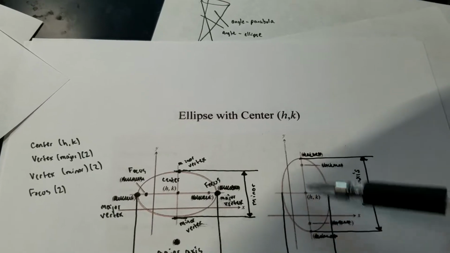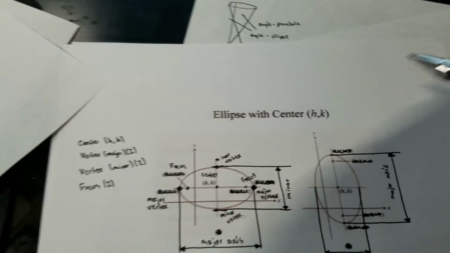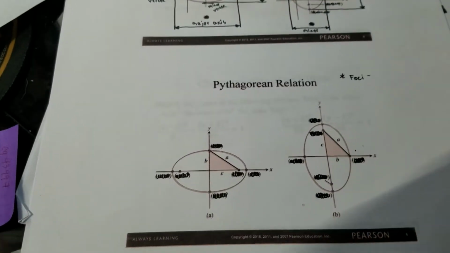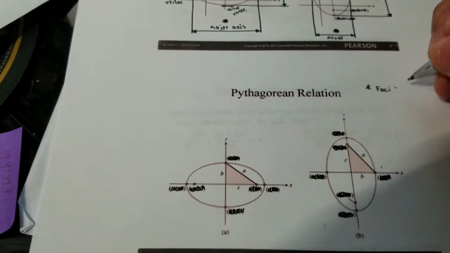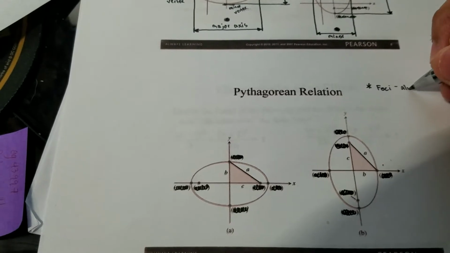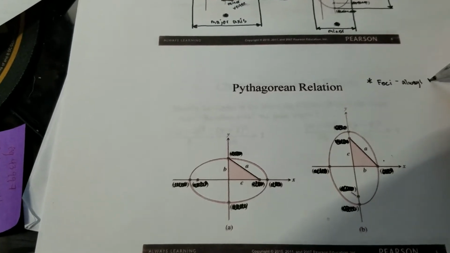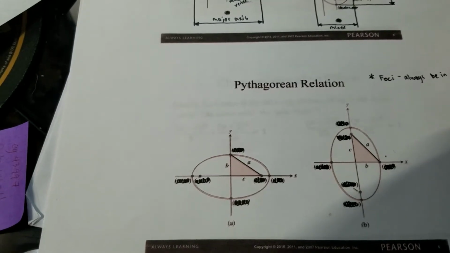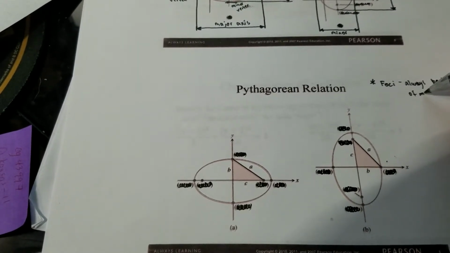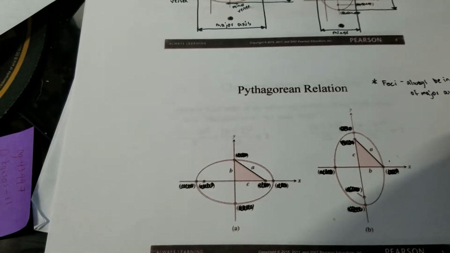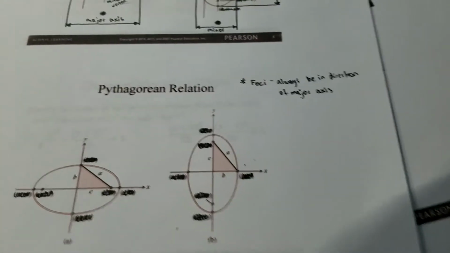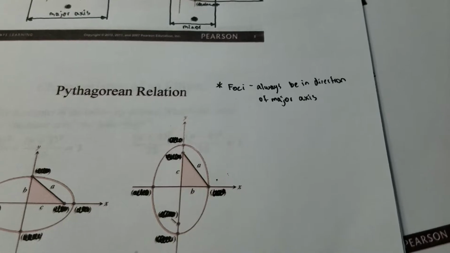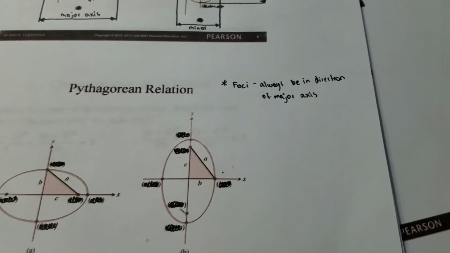So the focus right here in the big direction is in the Y. So the focus is also in the Y. So as I move down here, guys, a note that you should know is the foci, or the two focuses, will always be in the direction of the major axis. Sorry. So focus is always in the direction of the major axis.